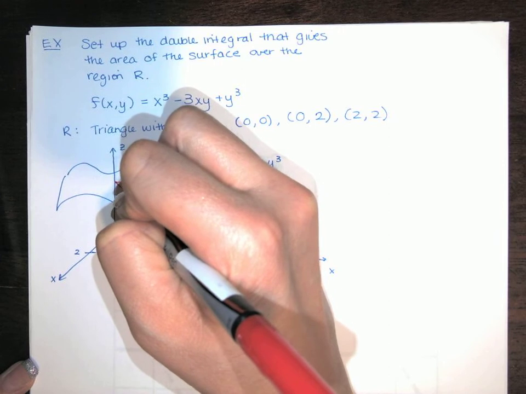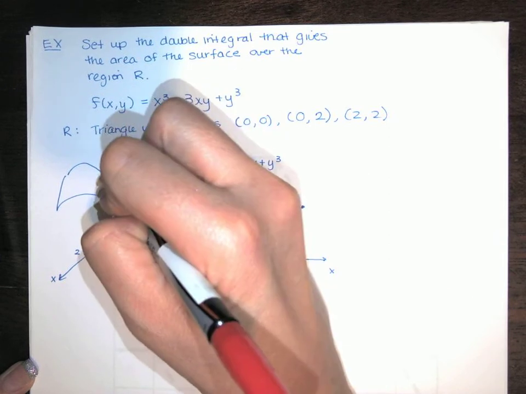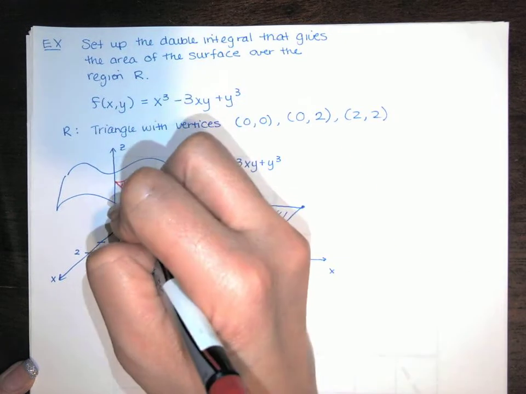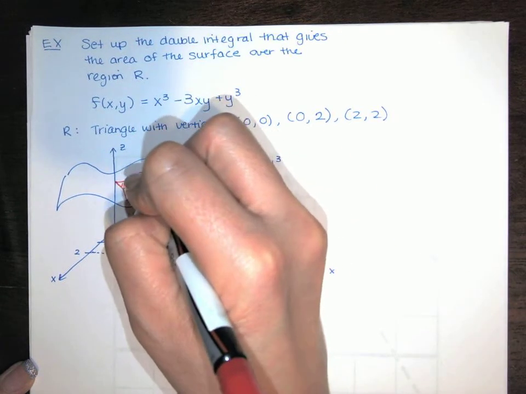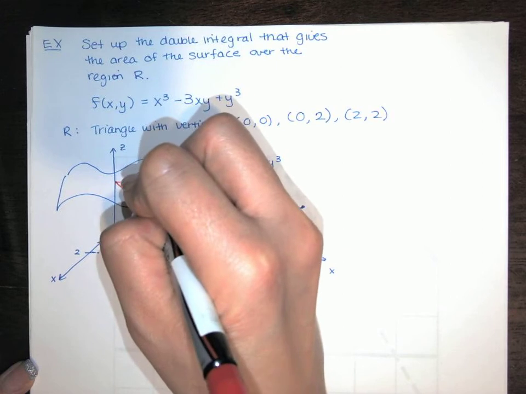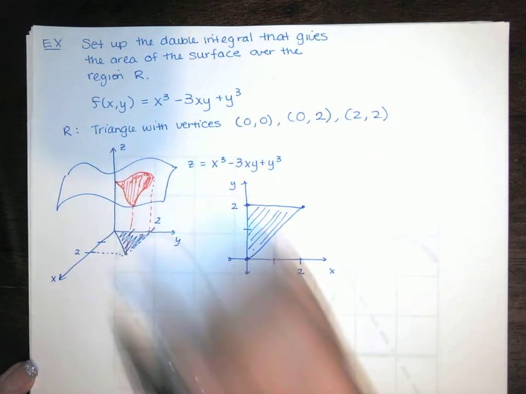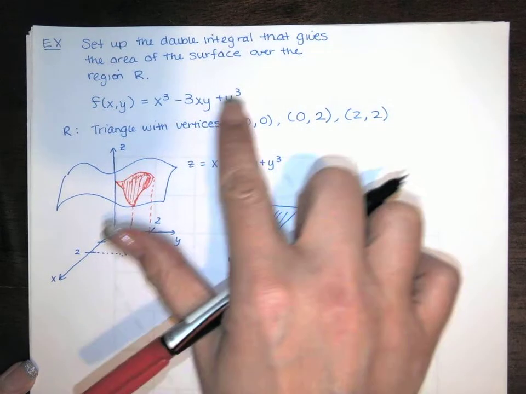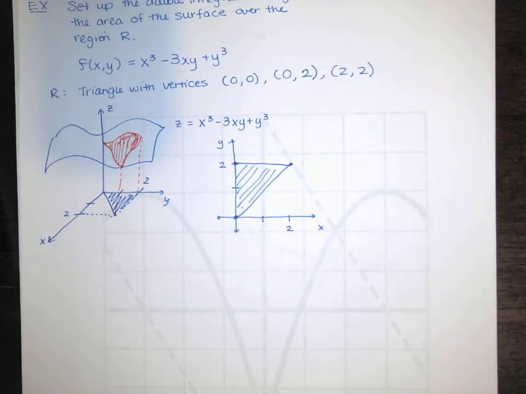Maybe on this line it looks like that. I don't know. I'm just trying to imagine what that projection might look like on some surface. But that's the idea. We're just trying to find the area of this piece that lies above that triangle. That's not actually what this looks like, but it's a cartoon that helps me visualize what's going on.